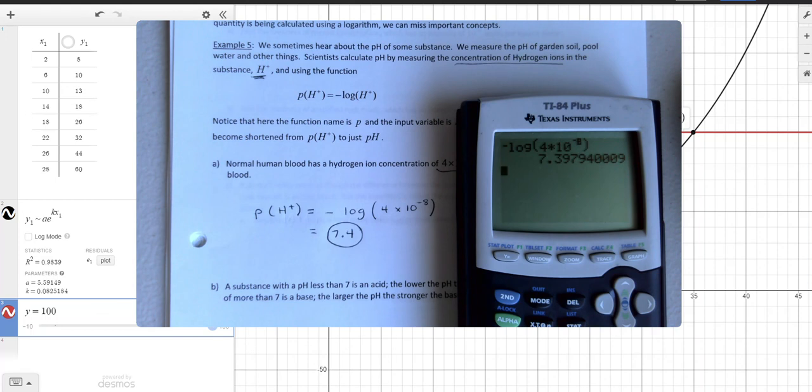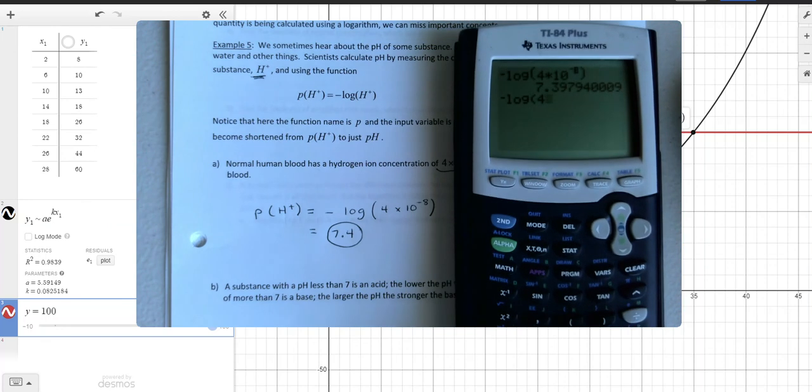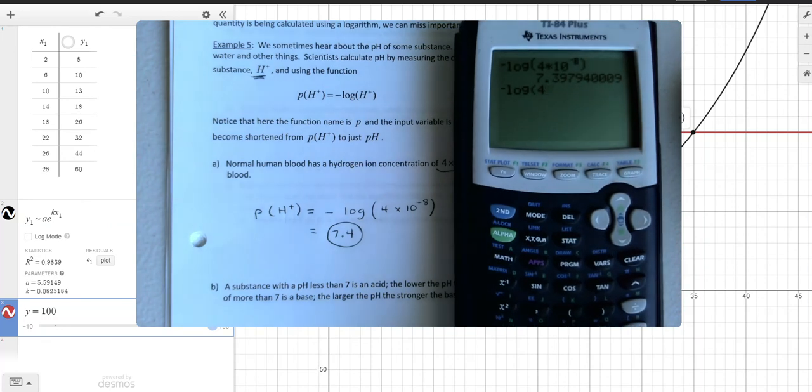By the way, sometimes science teachers ask me, hey, would you show them this too? So I just want to show you an alternative way to enter this in the calculator. If I take negative log, put in my 4, when you're using the base of 10, there's like a little shortcut button on the calculator. It's this double E. It's right above the comma key right here.